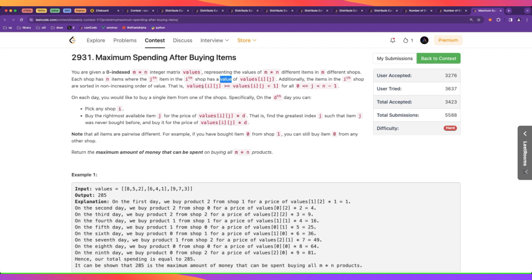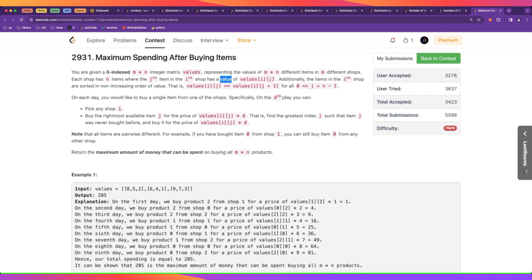So they are sorted, so you have these conditions that every row goes from largest to smallest, and on each day you would like to buy a single item from one of the shops.